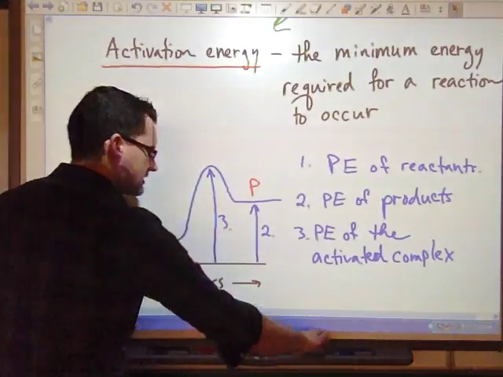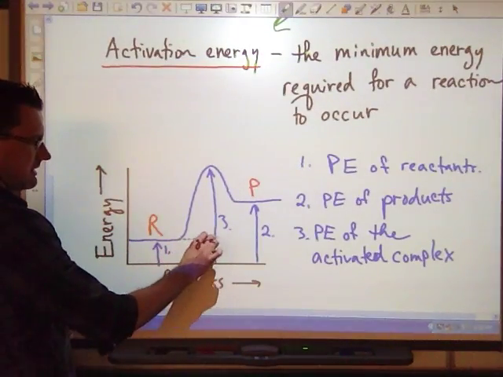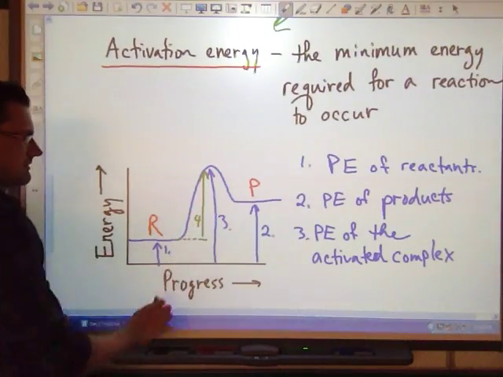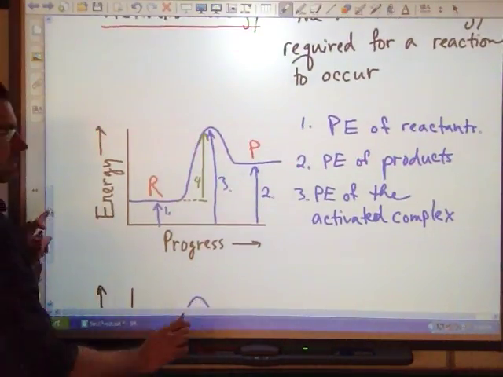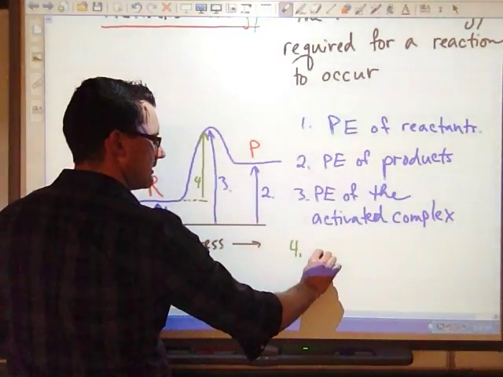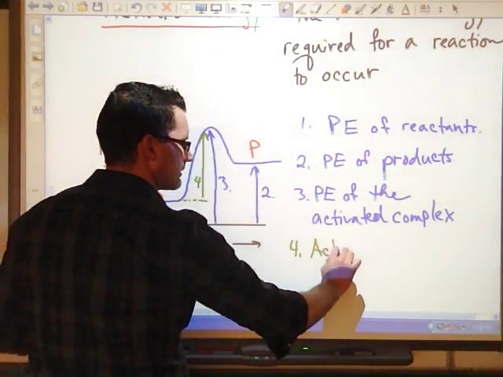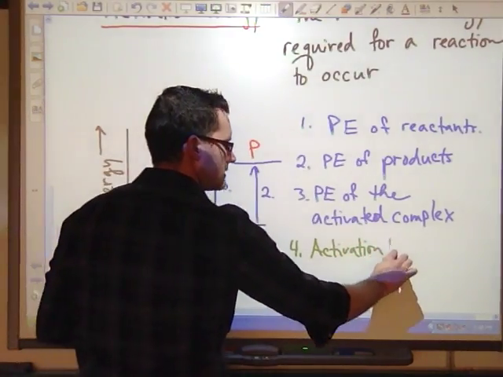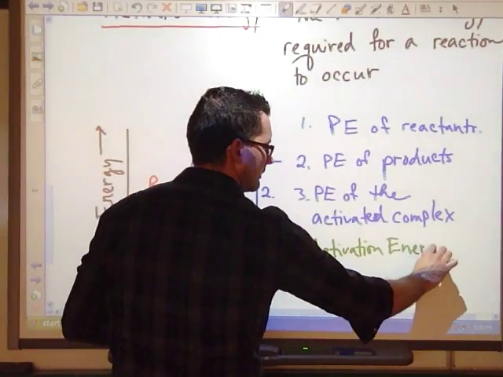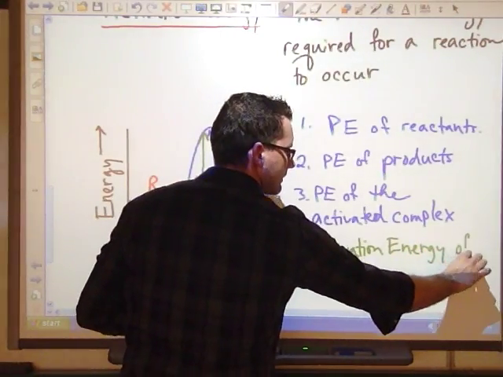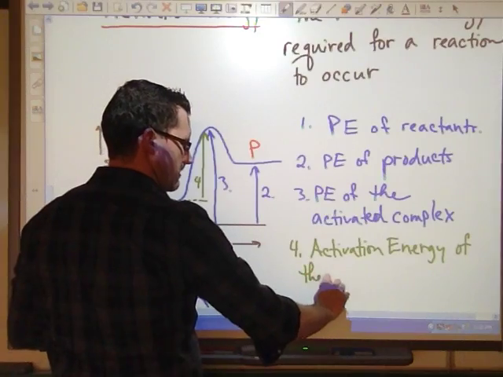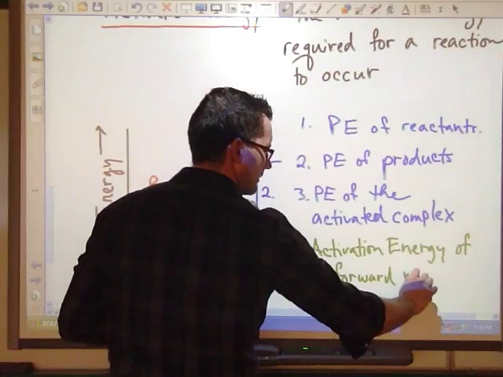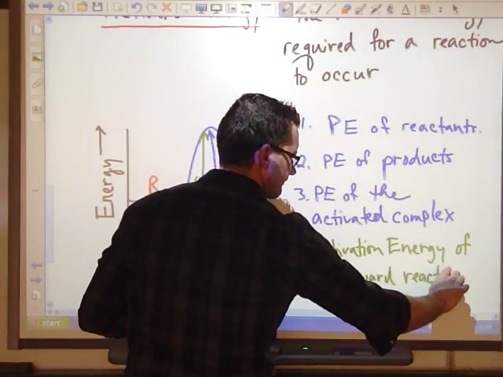So that would be the potential energy that that activated complex has. If I change the color here, I'm getting kind of messed up. If I look at this amount, call that number 4, that represents the activation energy of the forward reaction.